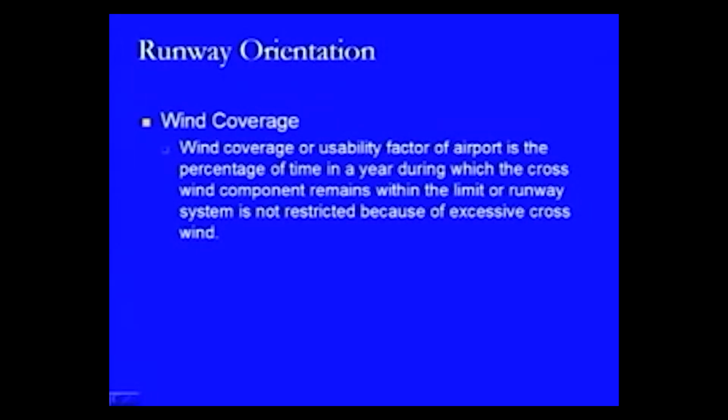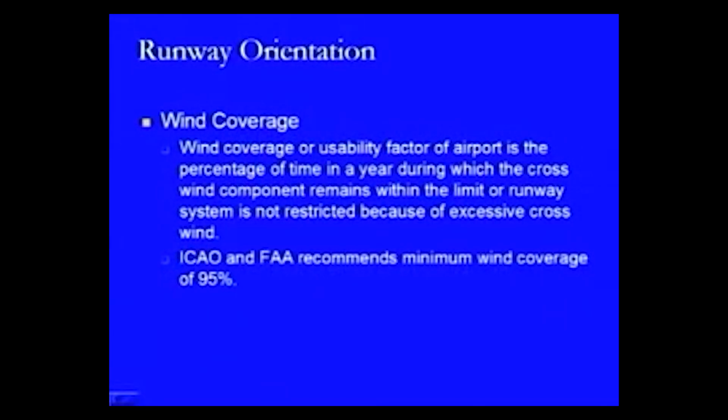So, we have seen previously how the crosswind component is defined on the basis of the type of the airport by ICAO and by FAA. Now, based on the type of the airport and the selected crosswind component, we have to look at the maximum percentage of time in a year for which the crosswind component will remain below that value, and that is how wind coverage is defined.